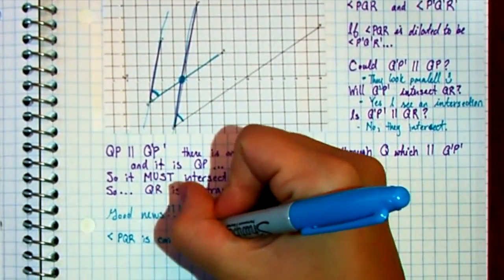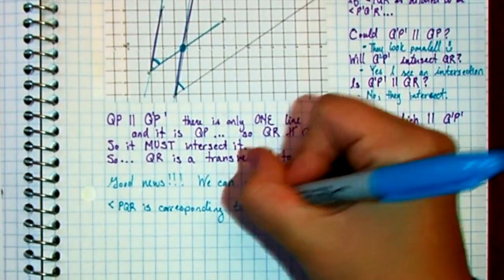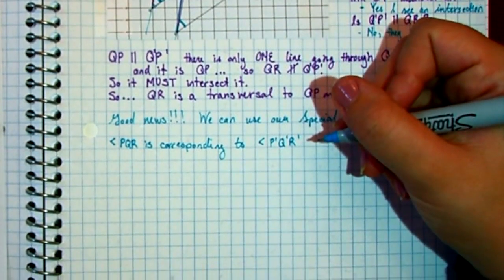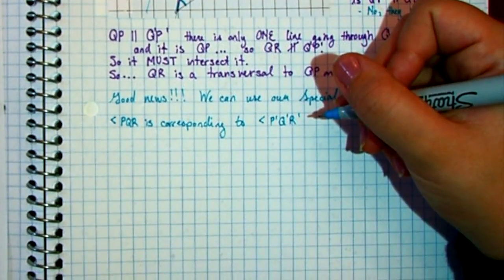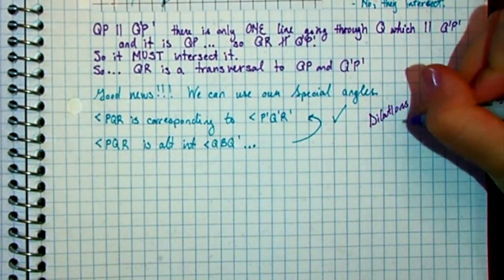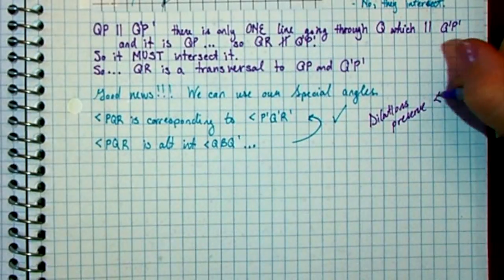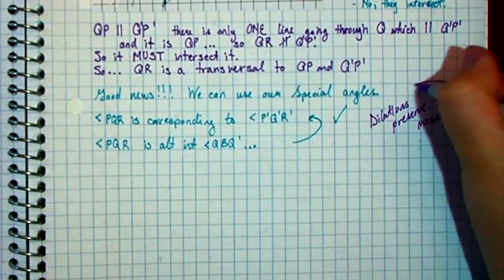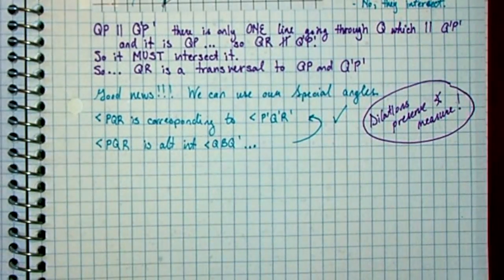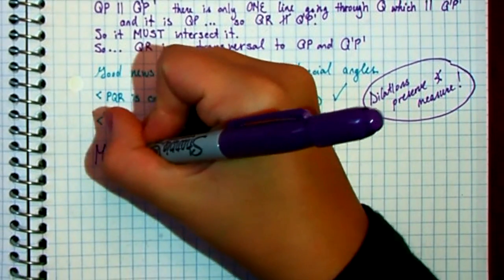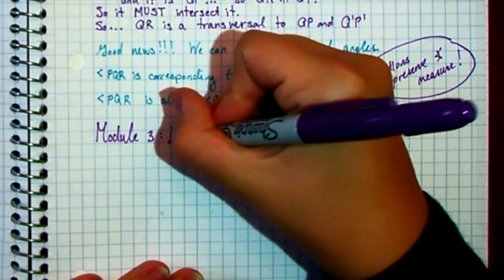What I see when I look at this picture are two parallel lines cut by a transversal, and angle PQR is corresponding to angle P prime Q prime R prime. That means they're equal to each other, and if they're equal, then our transformation of a dilation conserves angle measure.